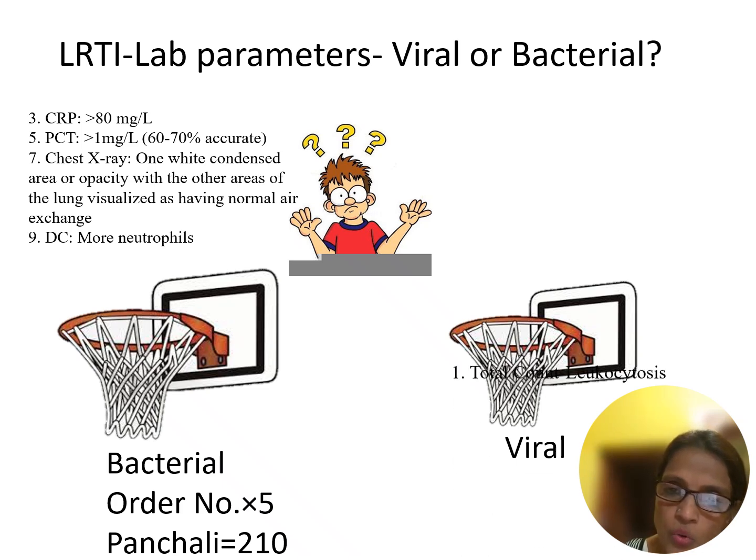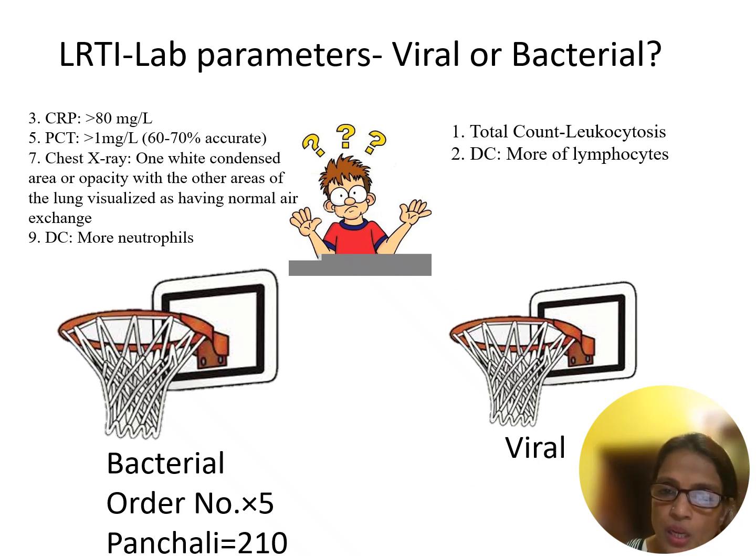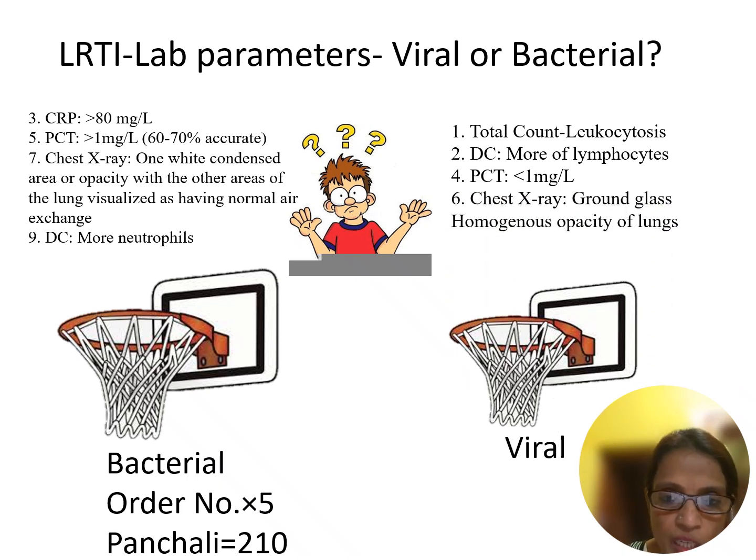We'll see what goes into this basket called Dashavatar. Number 1, total count leukocytosis. Then differential count more of lymphocytes. That's number 2. Then number 4, procalcitonin less than 1 milligram per liter. Then number 6, chest X-ray, ground glass homogeneous opacity of the lung.